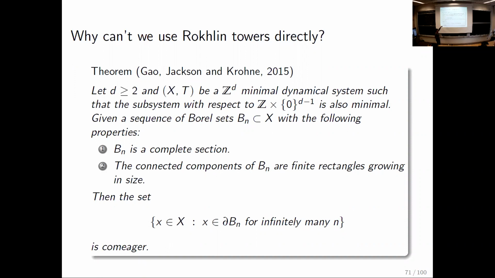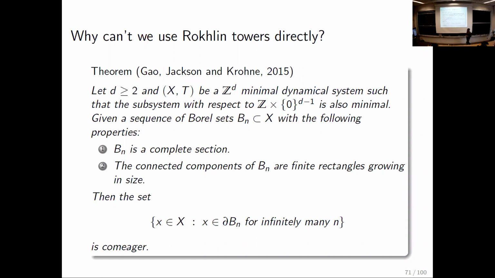This theorem essentially tells you that if you try to make such a construction in the Polish setting, when you're not allowed to throw away a null set, then you will fall on the boundary infinitely many times on a very large set. So when I'm looking at a probability measure, I'm somehow throwing away a very large part of the space.